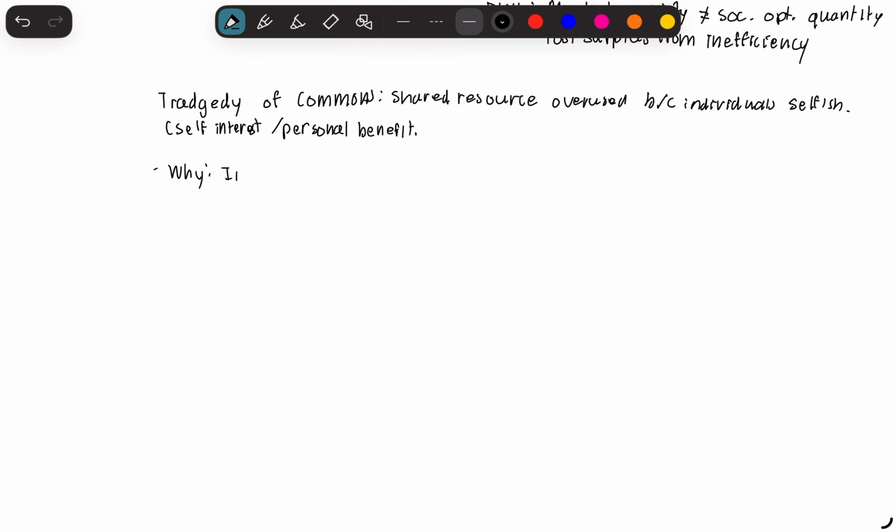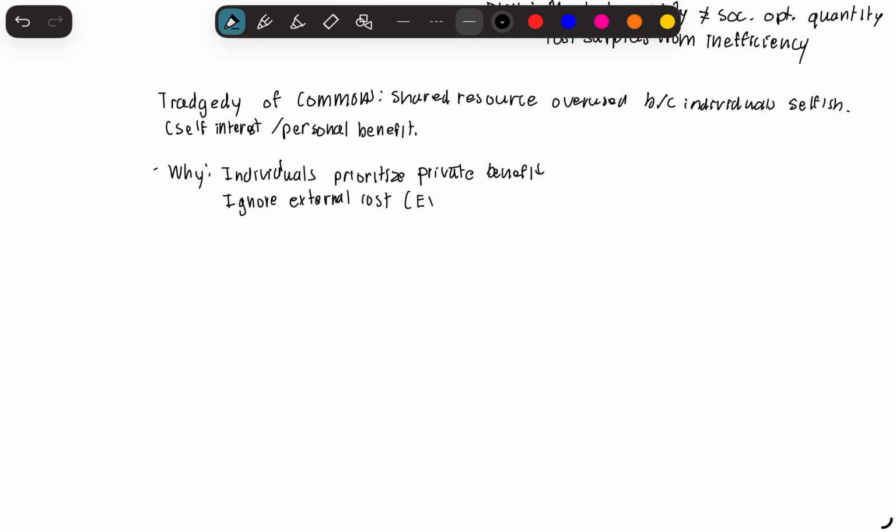That's because individuals prioritize and consider only the private benefit, and they ignore your external cost.